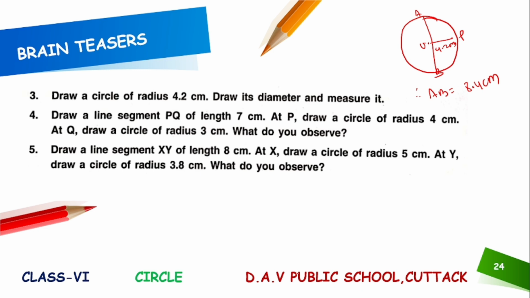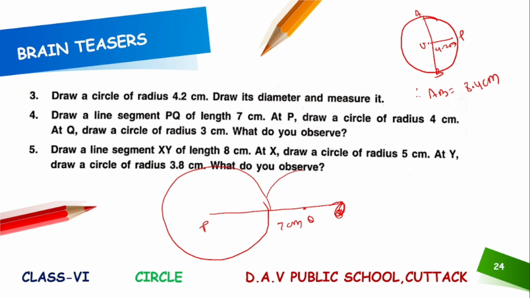Next question, draw the line segment. It is important. How to solve? First we draw the line segment PQ, P and Q, this is 7 centimeter. Now at P, draw a circle of radius 4. Now at Q, draw a circle of radius 3 centimeter.